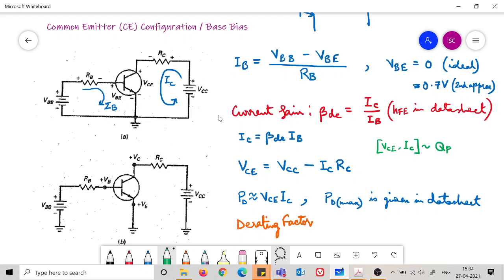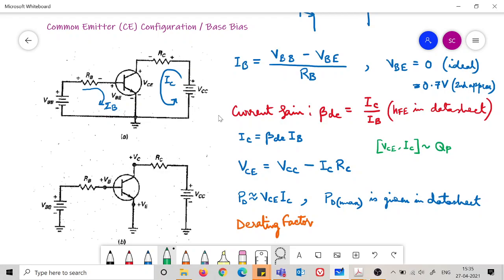IC is the output current, because this current is going out of this transistor to an outside circuit. VCE is the voltage across the transistor, the output voltage.